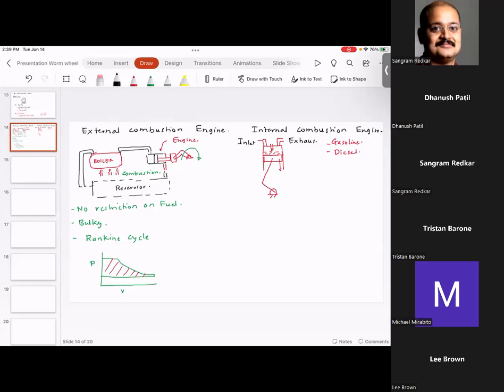So there are 4 strokes actually. The cycle is something like suction, compression, expansion, and finally exhaust.